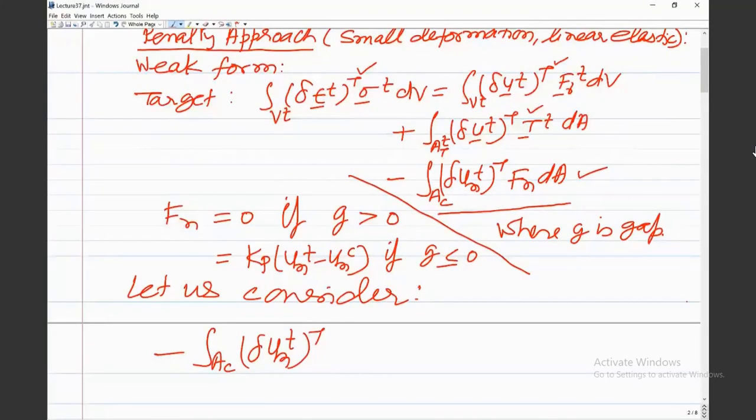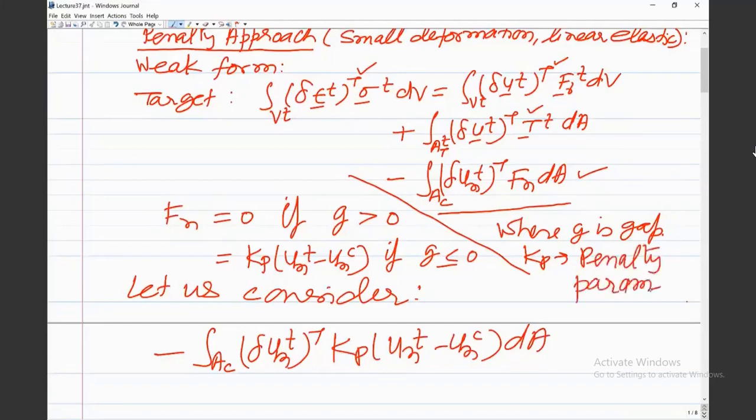So we are taking the case where G is less than 0, so that Fn is non-zero. So now we have delta UNT transpose into Fn, and Fn we have written as Kp into (UNT minus UNC) dA, where G is gap and Kp is penalty parameter.